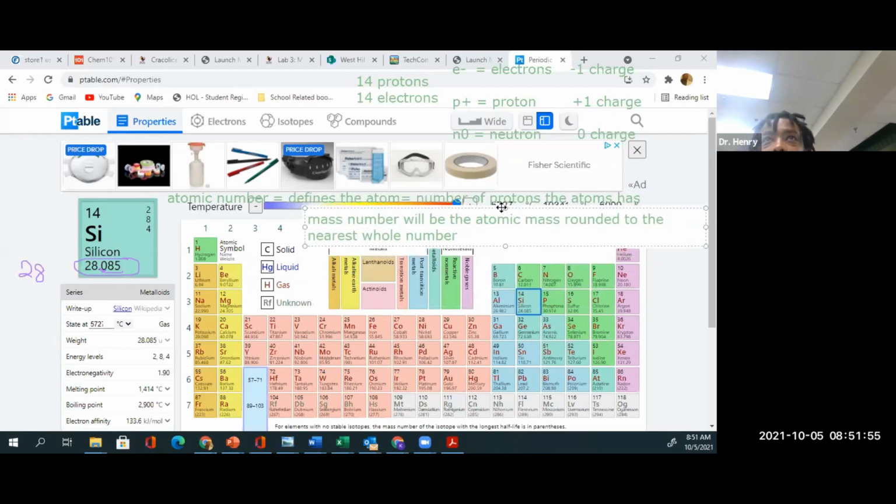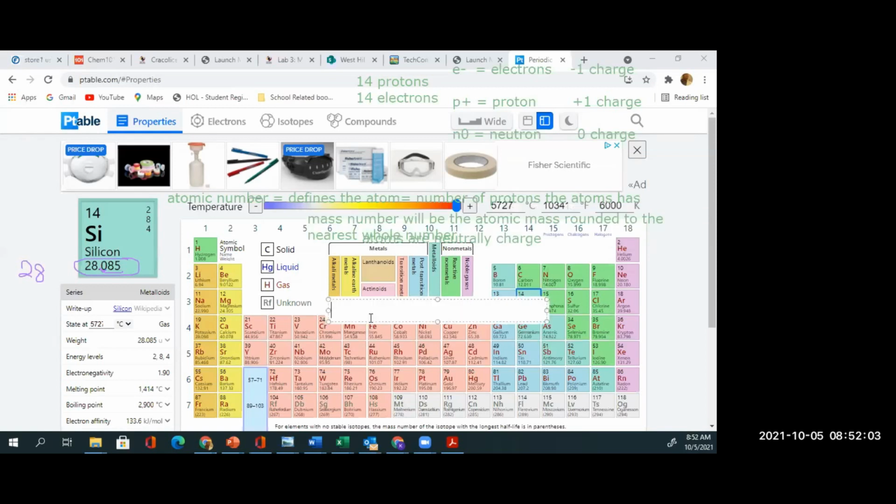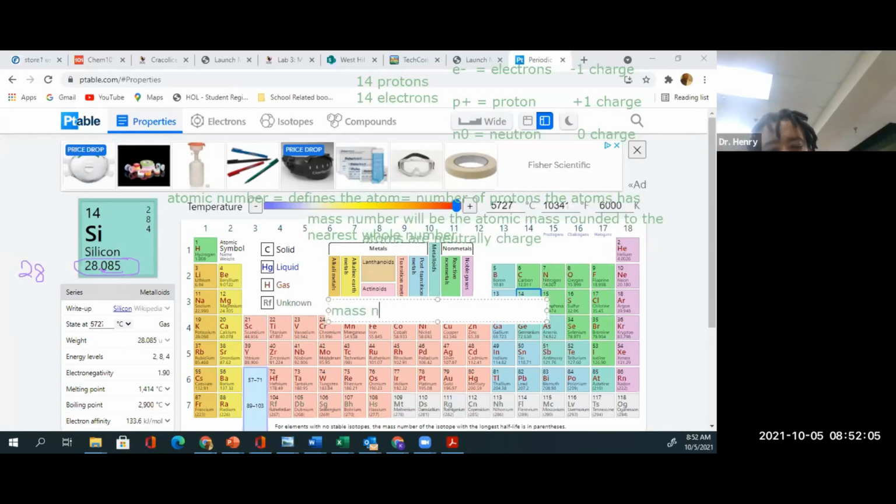Running out of places to stick stuff. Okay, so we have a mass number of 28. So our mass number is going to equal the number of protons plus the number of neutrons.